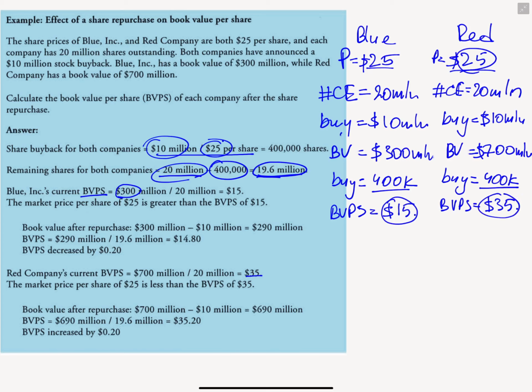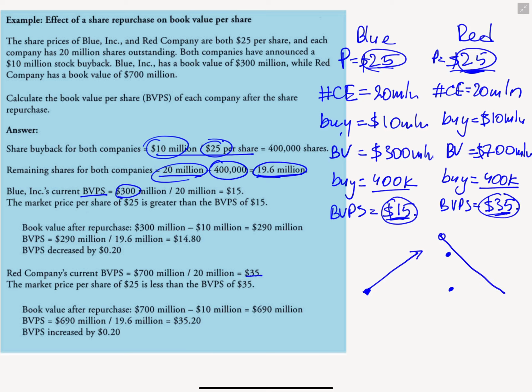Their market price is the same. It was cheaper, but in the market it appreciated for blue, while the book value per share was higher. Then the price dropped, for example, for blue company. Book value in a historical price has a reason. For red company, the price was 35 and it decreased to 25.